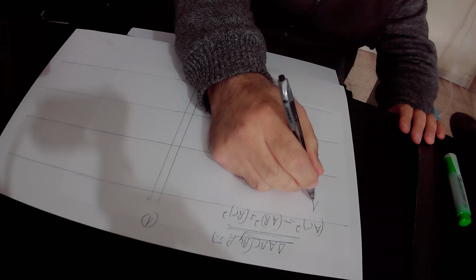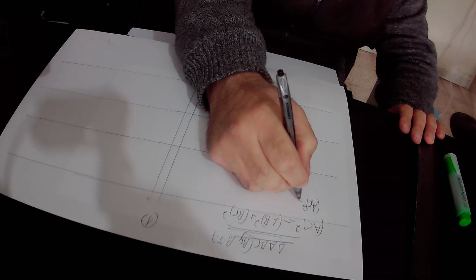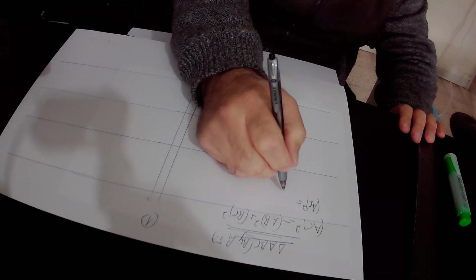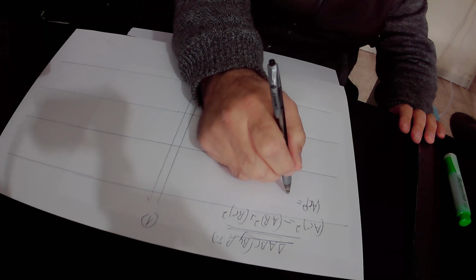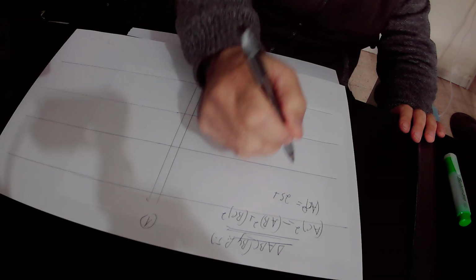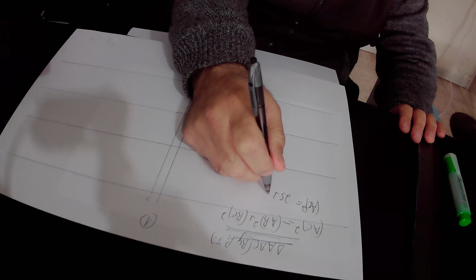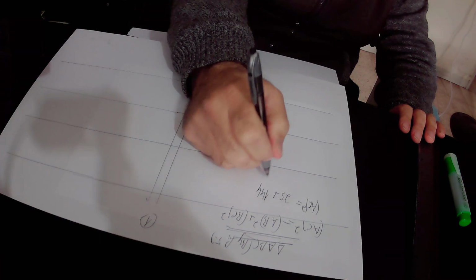So AC square equals AB square. AB is 5, therefore AB square is 5 squared, that is 25, plus BC square. BC is 12, therefore BC square is 12 squared, that is 144.